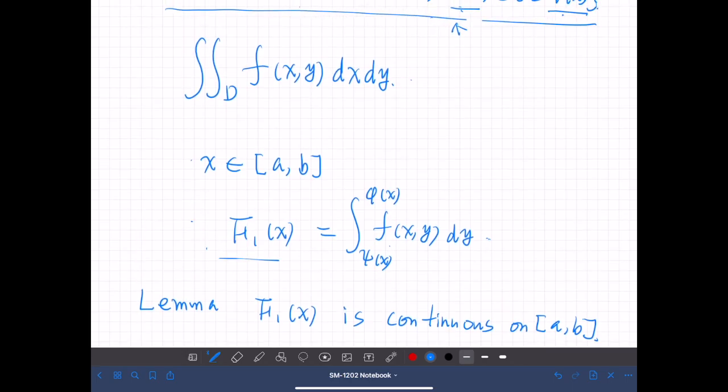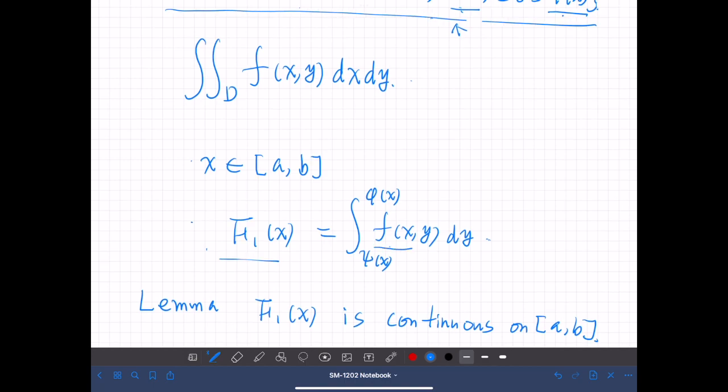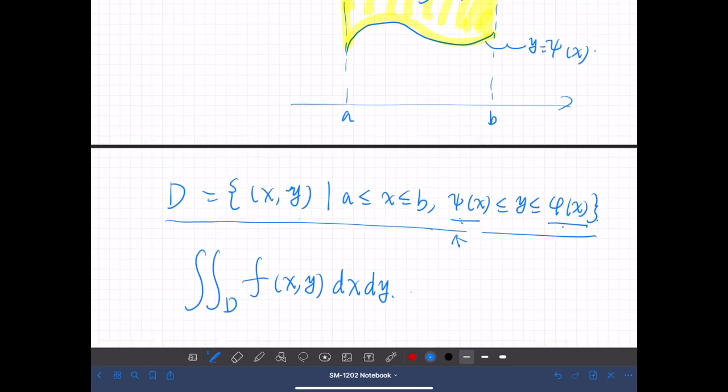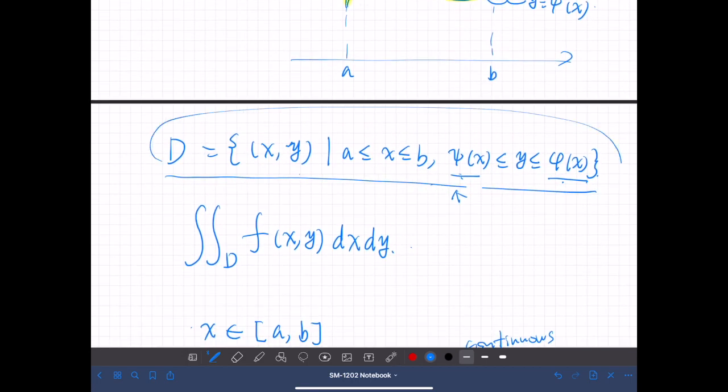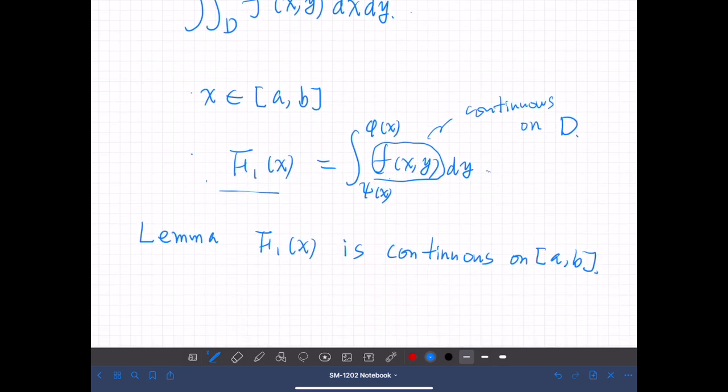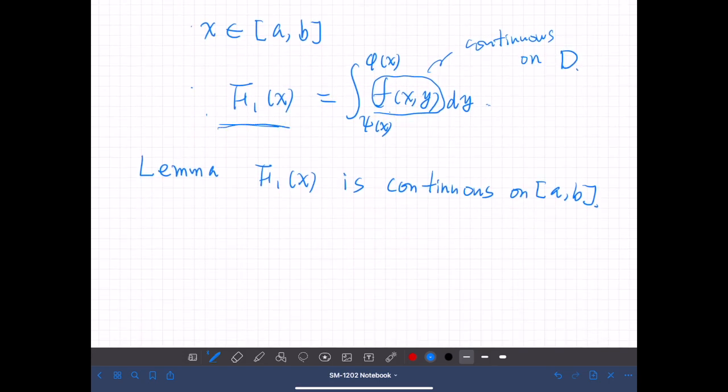Of course, don't forget that we are assuming that this function f of x, y is continuous on the Jordan closed region D as defined by this. Okay, under this assumption, the function defined by this is continuous on this interval. Okay, let's prove this lemma.